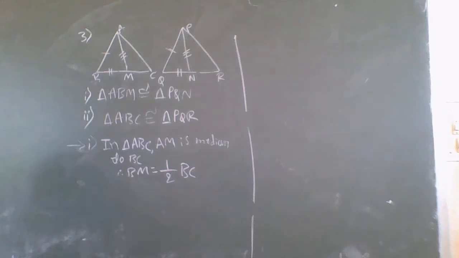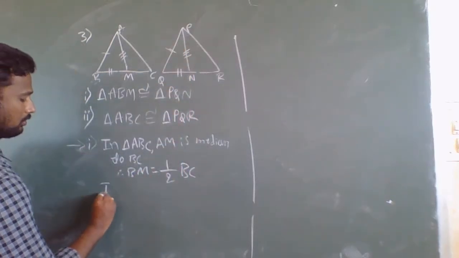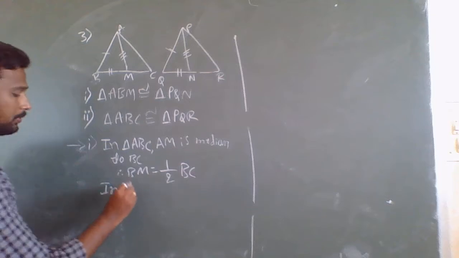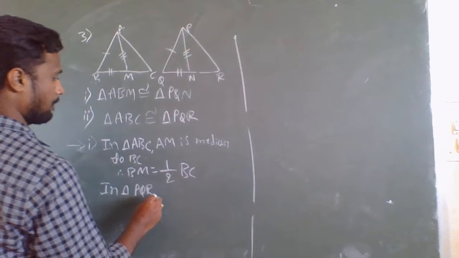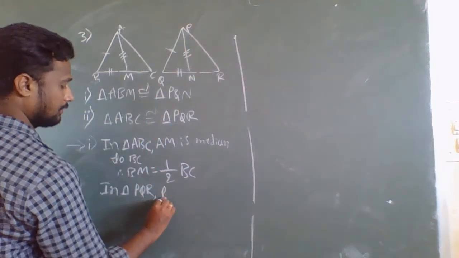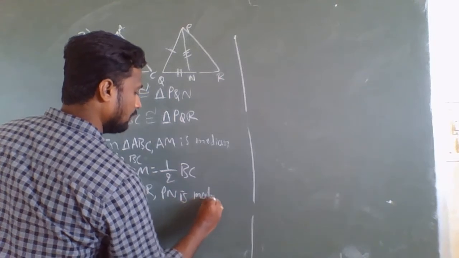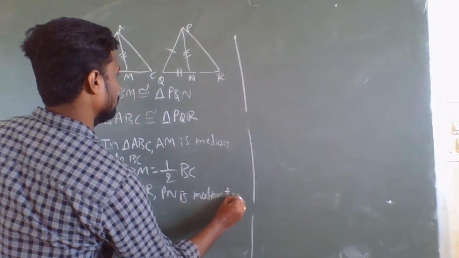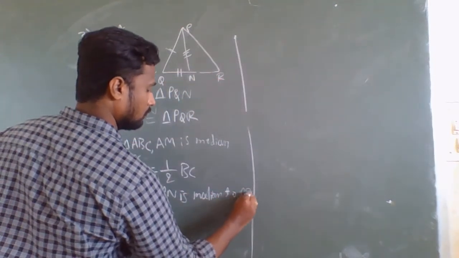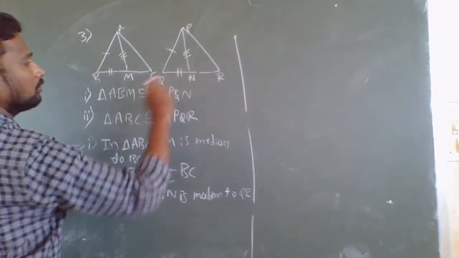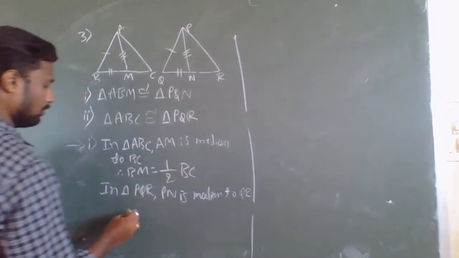Now I will consider triangle PQR. In triangle PQR, PN is the median to QR. Therefore, what we can write here?